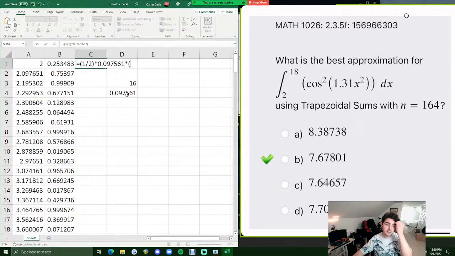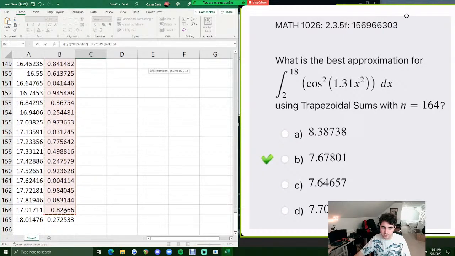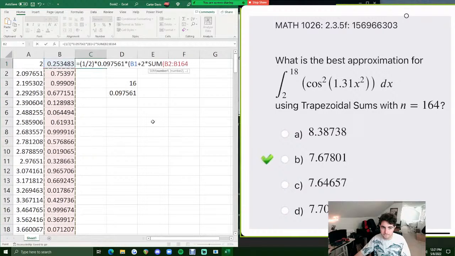And we are multiplying this by, let's see if we can do this in a clever way, just the first height plus 2 times the sum of all the other heights except for the very last one. Then we close that off, and we tack on the very last height, B165. So we have the 1/2, the width of each trapezoid, the first height plus 2 times the sum of all the other heights, plus the very last height.